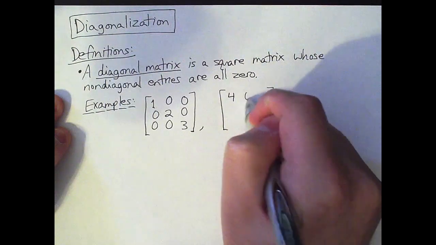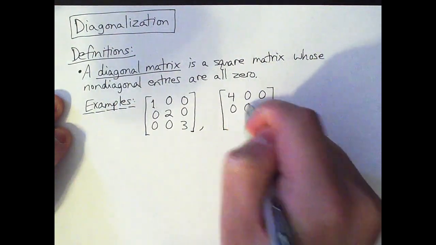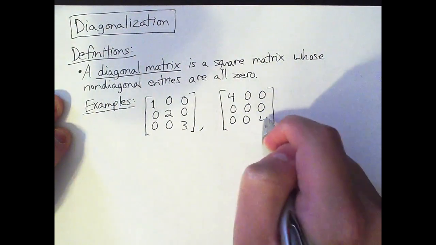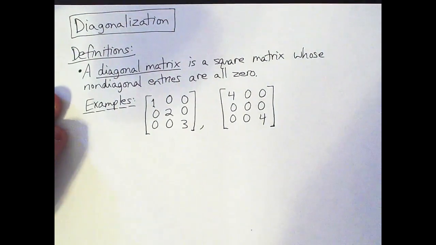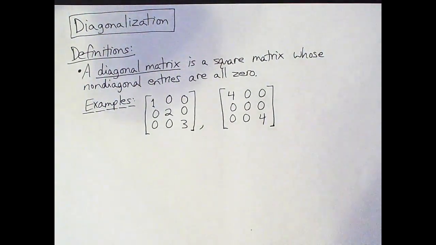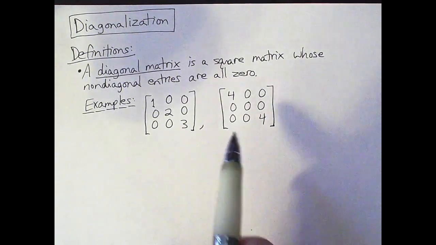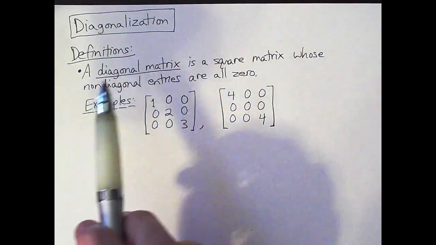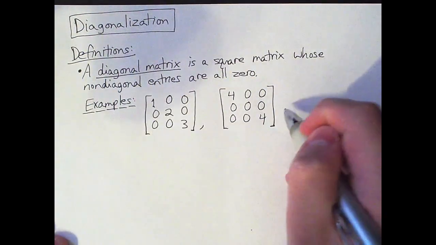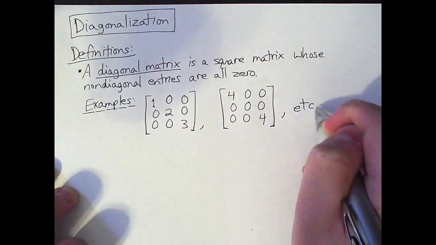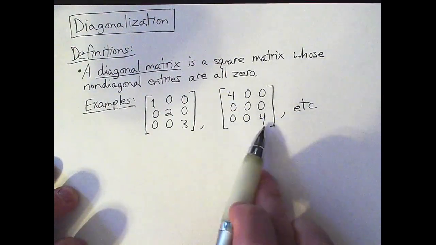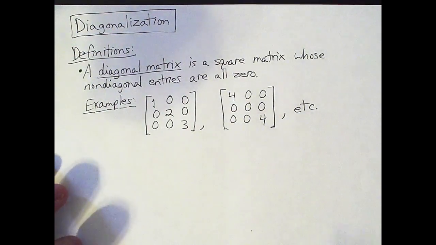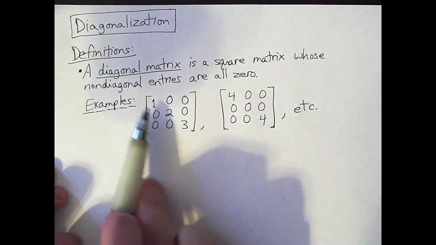How about 4, 0, 0, 0, 0, 0, 0, 0, 4? That is also a diagonal matrix. It satisfies the definition. All of the non-diagonal entries are zero. In fact, I could make a matrix where every entry is zero, and it would still be called a diagonal matrix because the non-diagonal entries are all zero. So it is okay if some of the diagonal entries are zeros as well. But they don't have to be. It could be like 1, 2, 3.